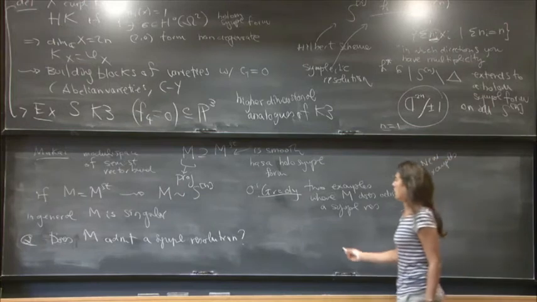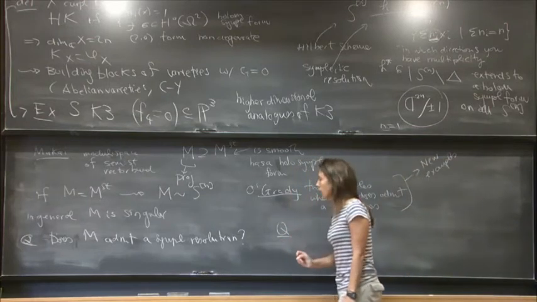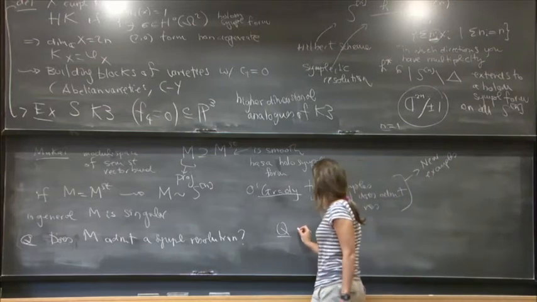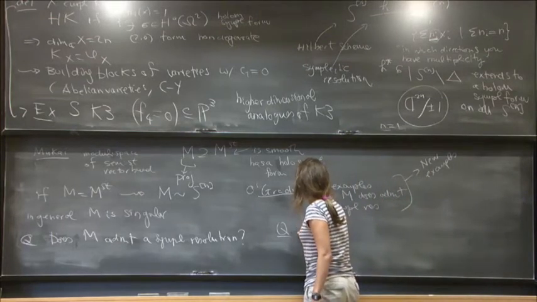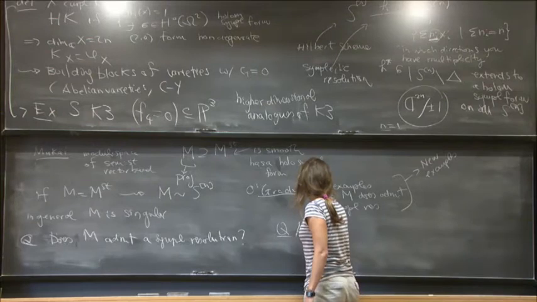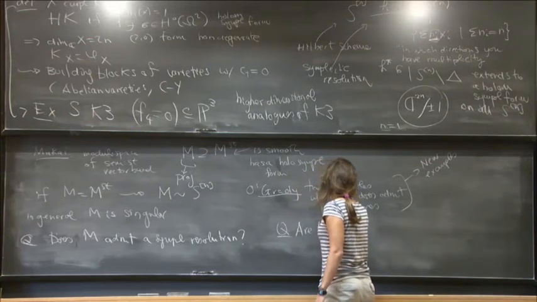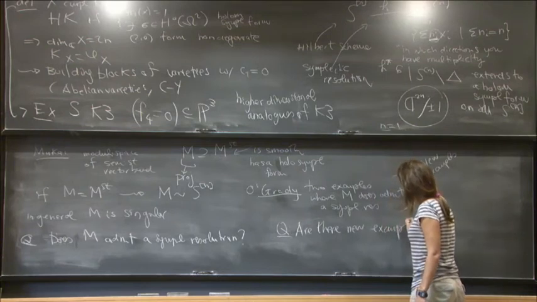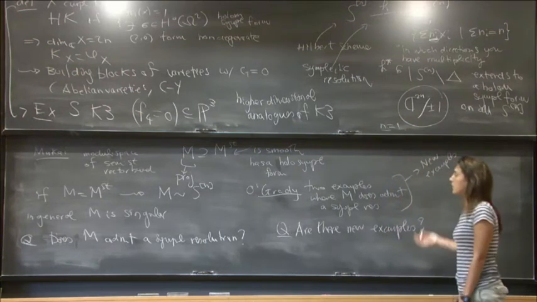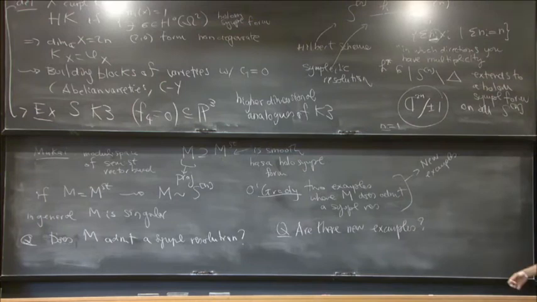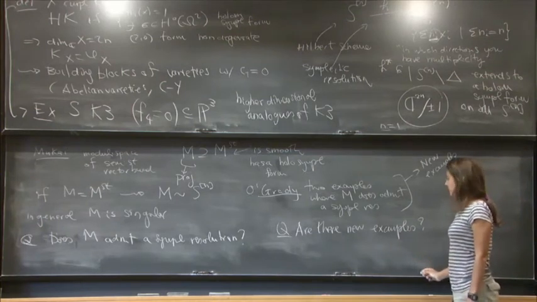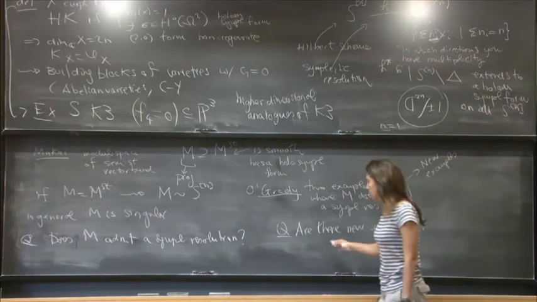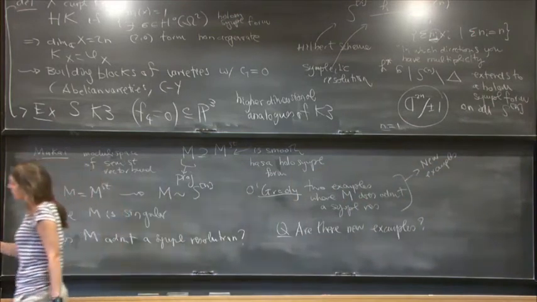And in fact, a question that has motivated a lot of work in the area is: are there other new examples? So it could be that we know all the known cases, but some of the work that I've been doing was to try and find new examples.